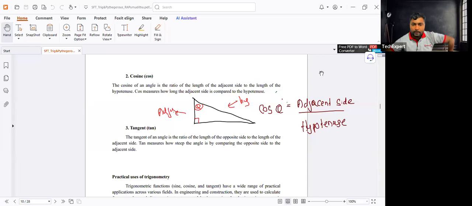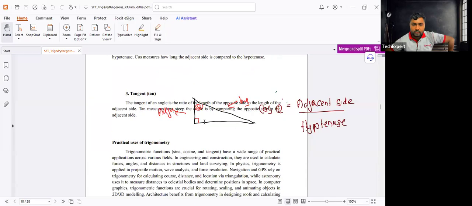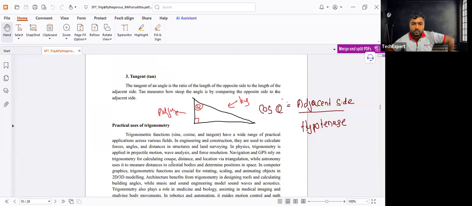Okay, then let's write the next topic as tangent or tan, within bracket tan.